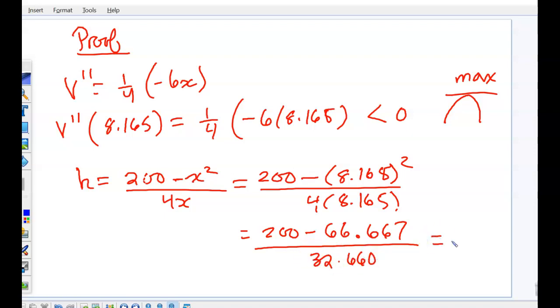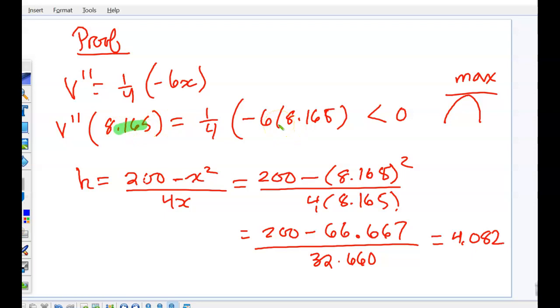So this ends up being, I'll just do the calculation here, 4.082. So there would be your height. We know that the length and the width is right here.